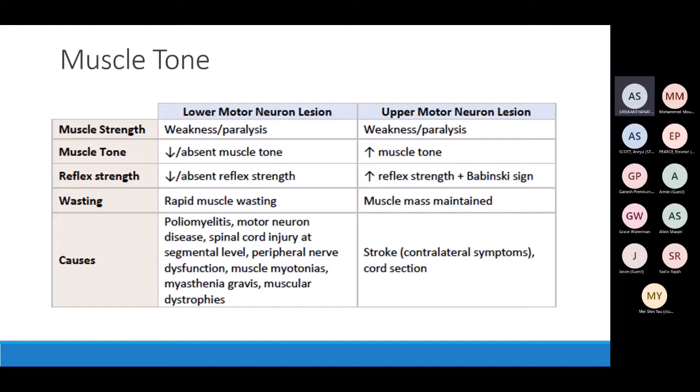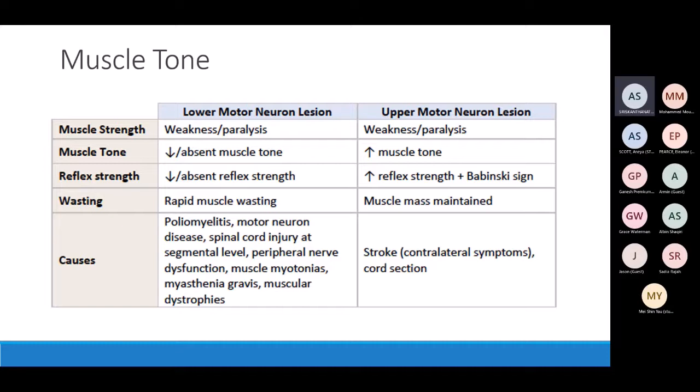Whereas with upper motor neuron lesions, you'll have an increased muscle tone. Your reflexes will be a lot more exaggerated, and you'll also be Babinski sign positive.